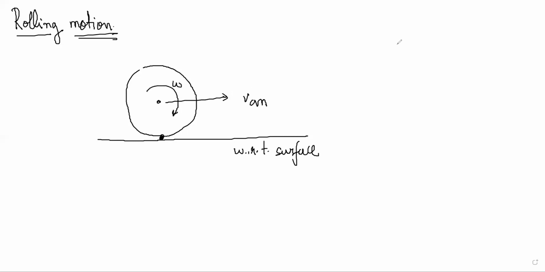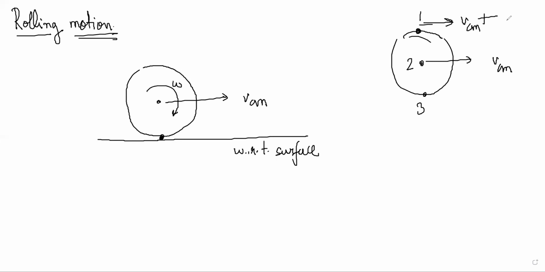there are 3 points on the body. Let's look at this point, this point, and this point. There are actually many more points, but we are looking at these 3 right now. Velocity of this point is simply V_CM, because there is no rotational effect on the center itself. But velocity of this point is V_CM plus omega into r.